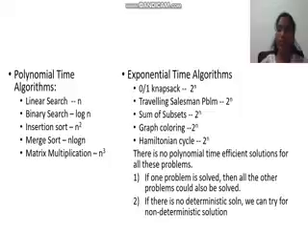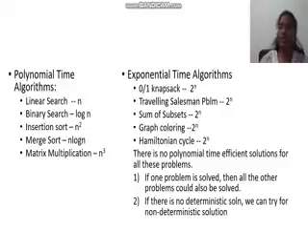For all these problems, knapsack, TSP, sum of subsets, there are no efficient polynomial time solutions. So there are two things that we can do about these problems.